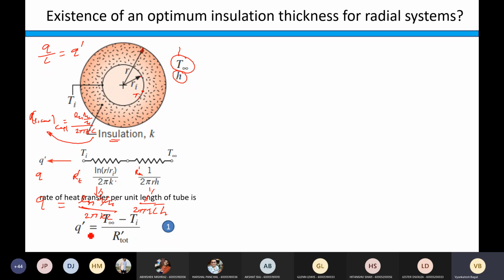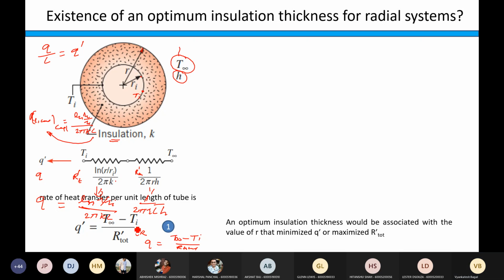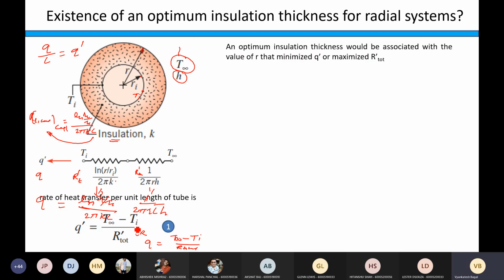So you can write this expression as Q dash is equal to T infinity minus Ti divided by R dash total, or if you are using Q alone, then write Q is equal to T infinity minus Ti divided by R total. Either of these equations is fine. As length is common, you are taking it to the left hand side and nothing else. That's why Q dash is written. Now we are going to ask this question.